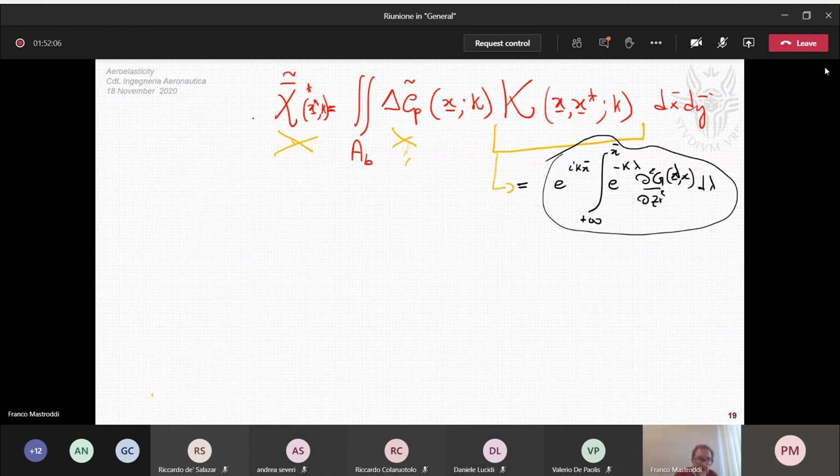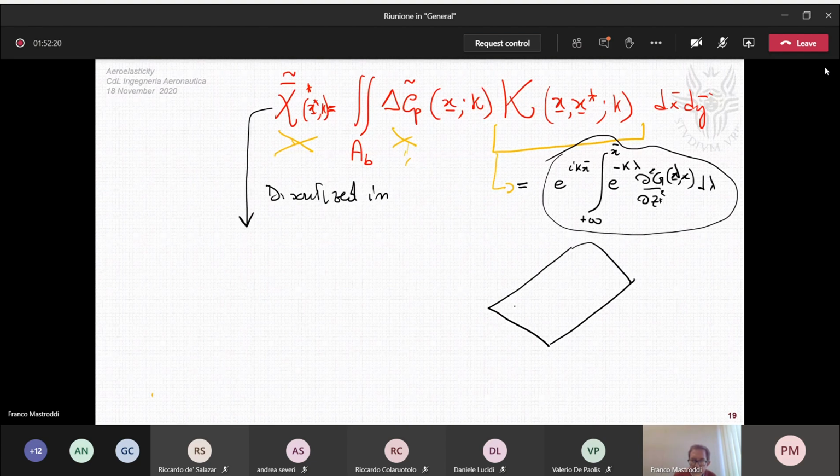As a very final step, one can discretize in space what? The surface body only. Discretize in space, subdivide the body in panels. Attention please, panels only on one face, not on a double face, only on one face.